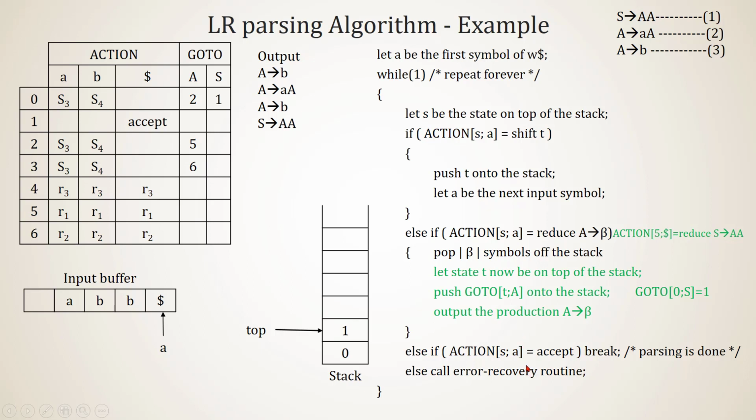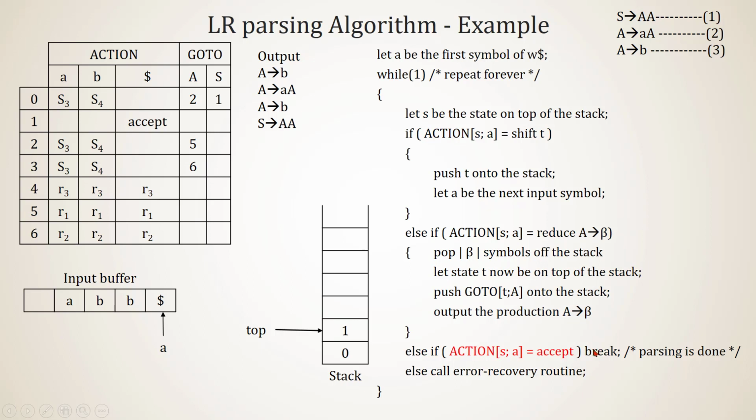Again these conditions are not checked. Again the while loop will be executed. On top it is 1 and for A it is $. So $1 is actually accept. So this condition will be false because there is no shift operation. This one is false. So here it is not a reduce operation, but the action is an accept.